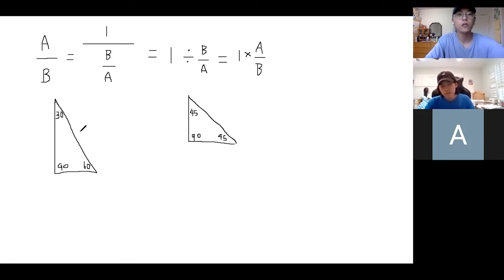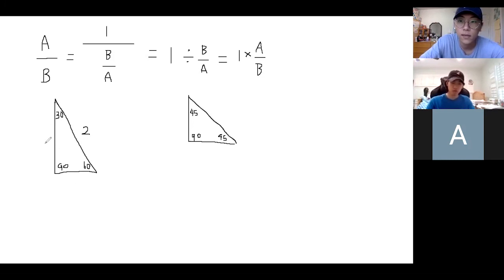Okay, so do you remember the side lengths of these triangles? The 30, 60, 90 was like 2, right? The longest, the hypotenuse. Okay, so if the hypotenuse is 2, then what are the lengths of the legs? It's like 1, 1, right?